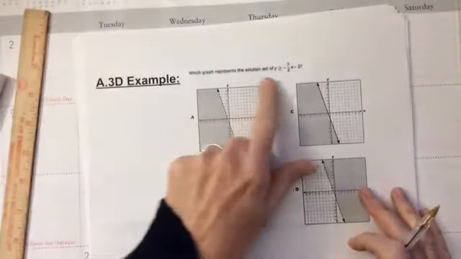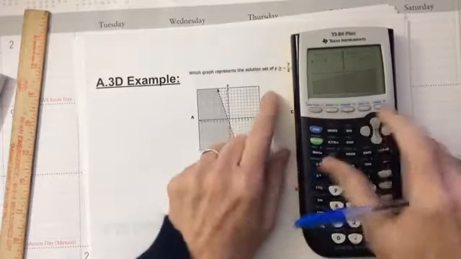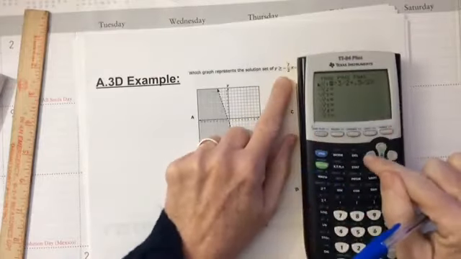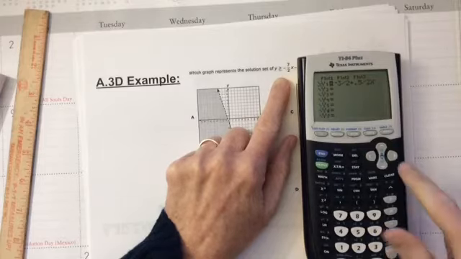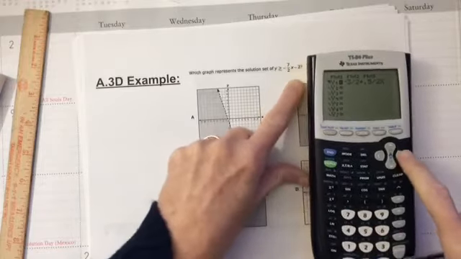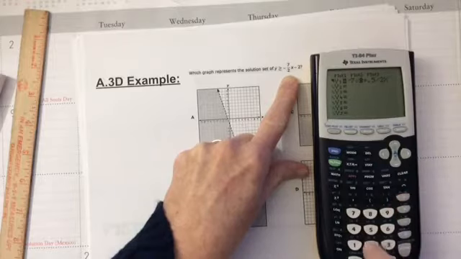Which graph represents this solution set? Well, let's put it in here and see. Y equals, and we have greater than, so we need to change this symbol over here. Enter. And we did. Now we're going to put the equation in: negative 7 divided by 2 x minus 2.